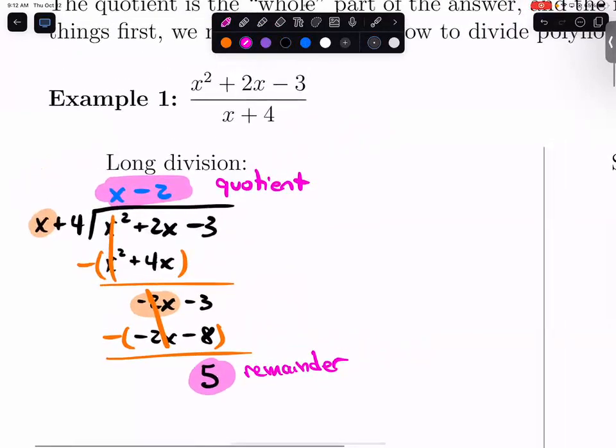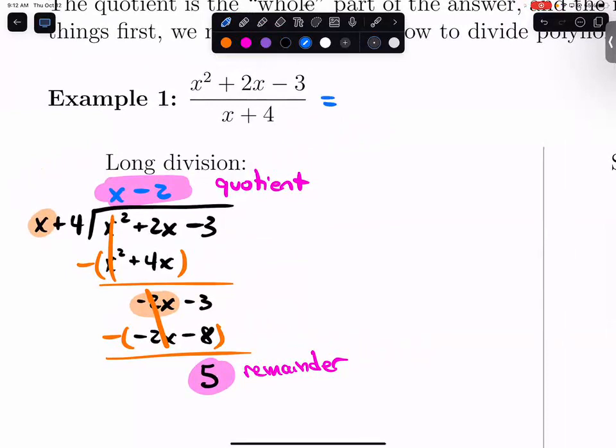So what did we just figure out about x squared plus 2x minus 3 divided by x plus 4? I can break it up and write it as x minus 2 with remainder, or fraction part if you want, 5 over x plus 4.